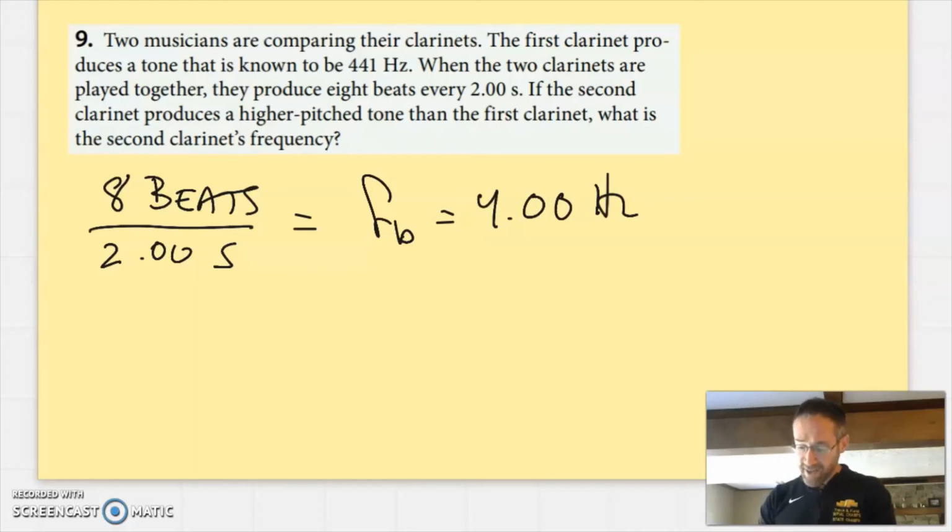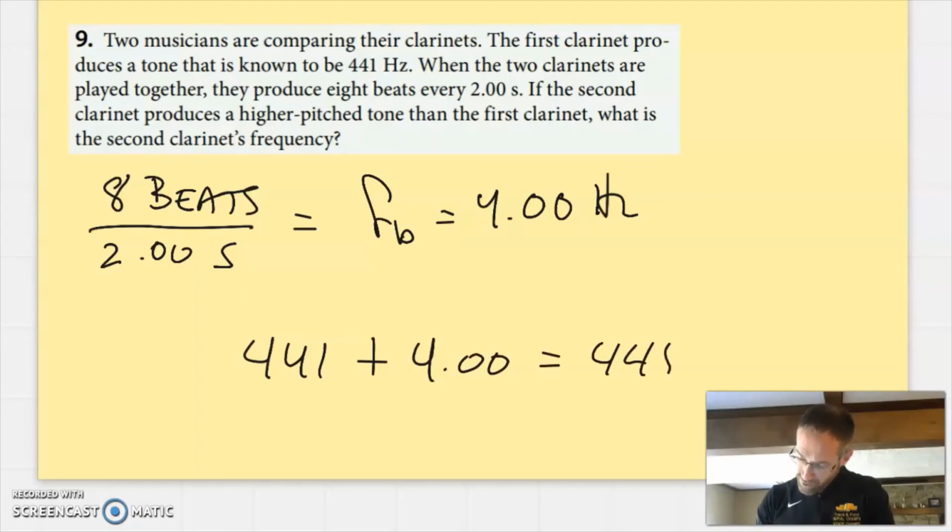It says if the second clarinet produces a higher pitched tone than the first clarinet, what's the second clarinet's frequency? I need something that's not just 4 away from 441, but higher than 441. So I'm going to take my 441 and add on my 4 hertz, and I'm going to get 445 hertz.